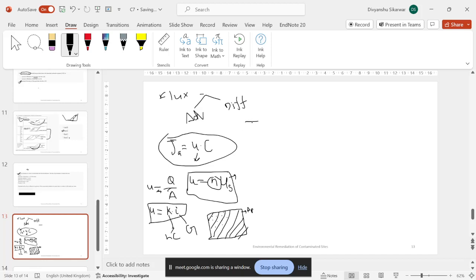Then for diffusion or dispersion, there will be one more formula for flux, and this flux calculation will be diffusion coefficient times concentration gradient.